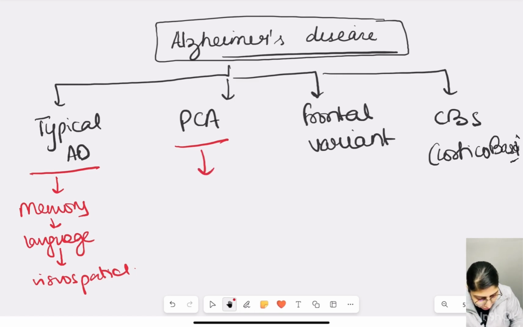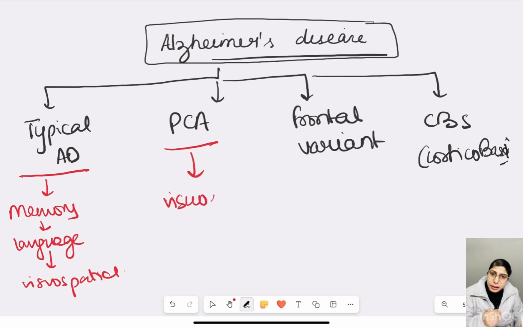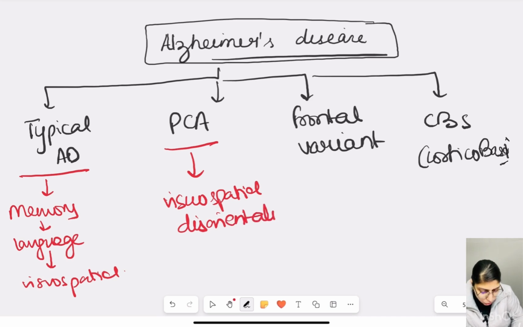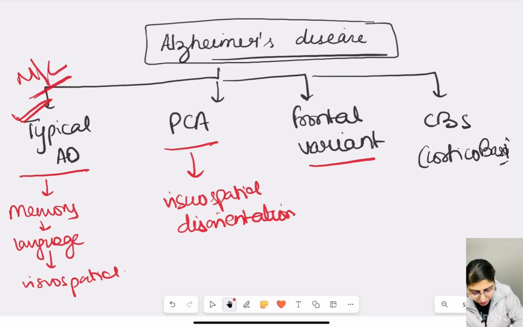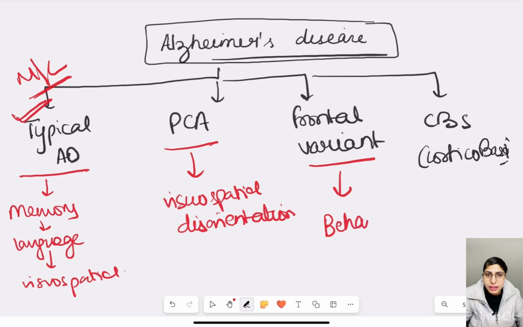In posterior cortical atrophy, posterior means parietal. So remember PCA is parietal cortical atrophy, right? So it starts with visual spatial disorientation. It starts with difficulty in finding ways. Then there is a frontal variant. Now this, of course, is the most common variant of AD. Frontal variant, as it has been written, frontal. So frontal lobe is mainly for insight, judgment, and behavior.